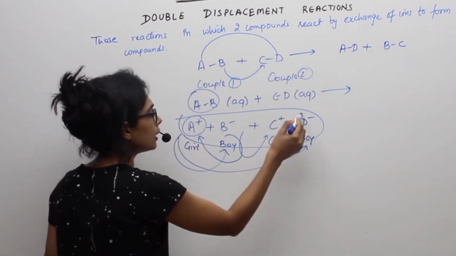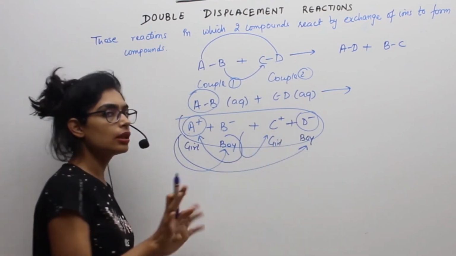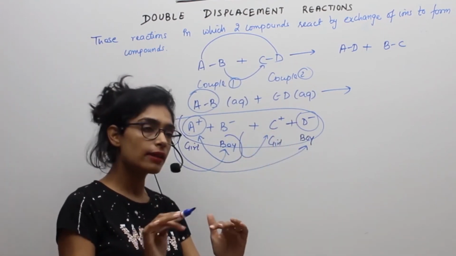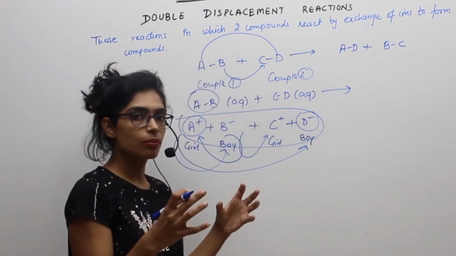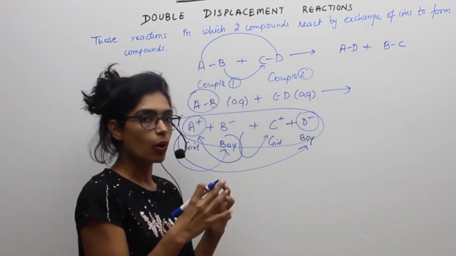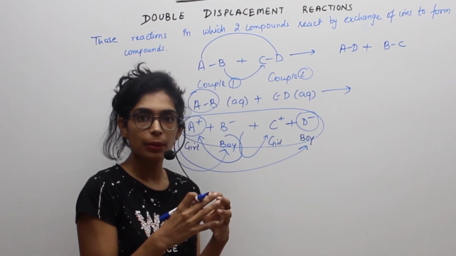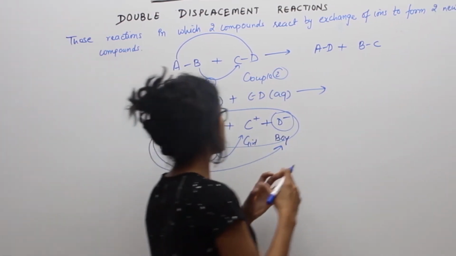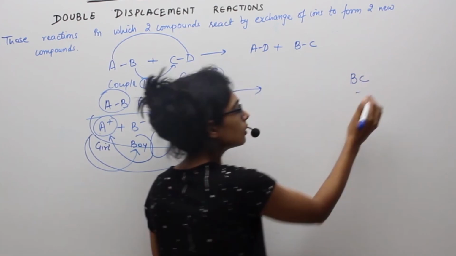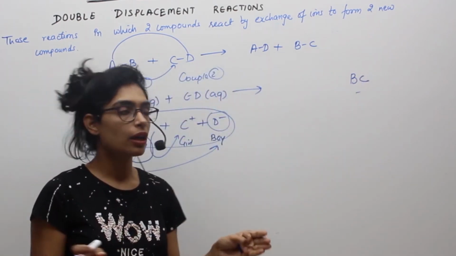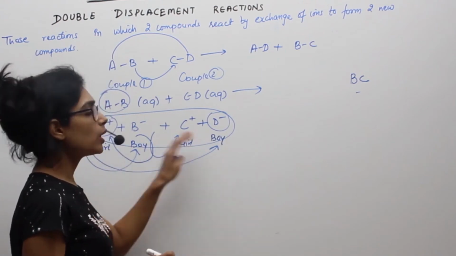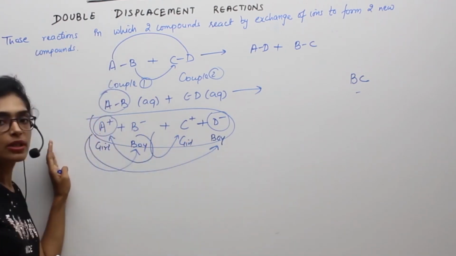A and D see that B and C are gone somewhere. Gone somewhere means they had not declared anything. They had just bonded together, and they had become a new pair. New pair as in BC formed and gone. Now they are not splitting back to become individual identities and go back to their previous partners.